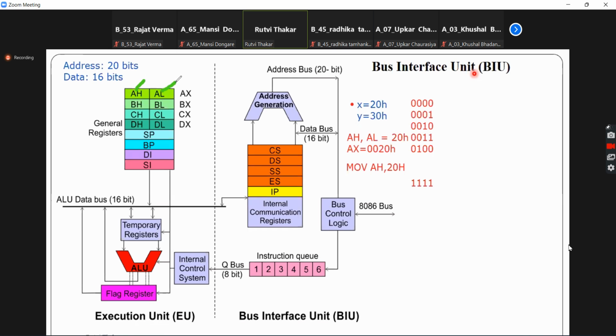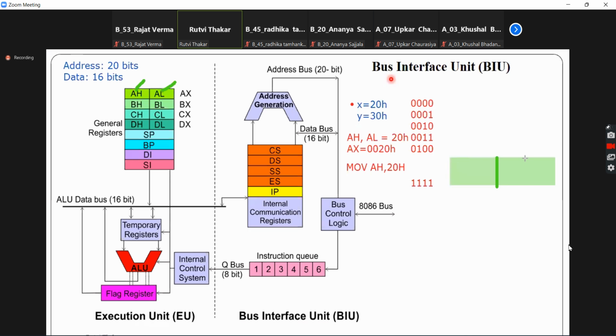AL is the lower 8 bits of the accumulator. Clear? If I want to store 20H in AL, that is also fine, right? There is no compulsion at all in the programming.